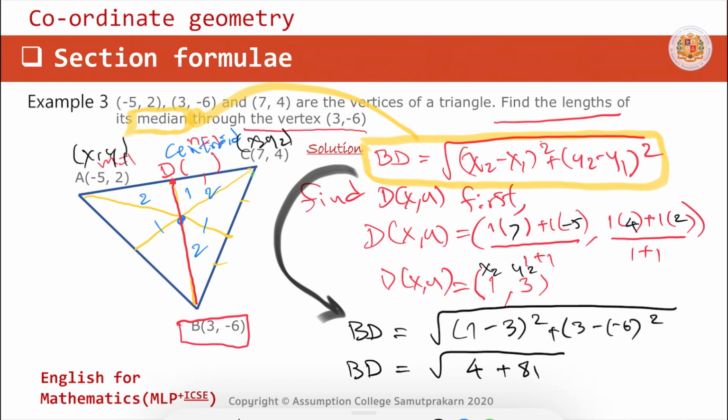Yes, it's 81. So it's the square root of 85.